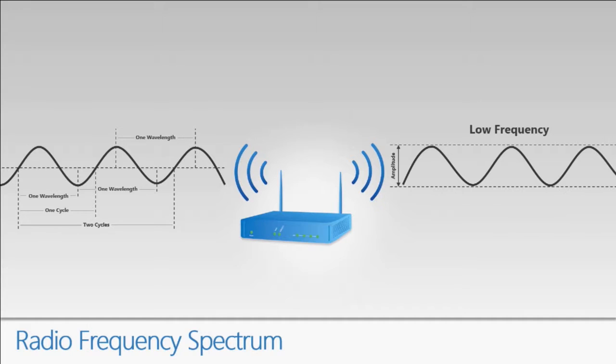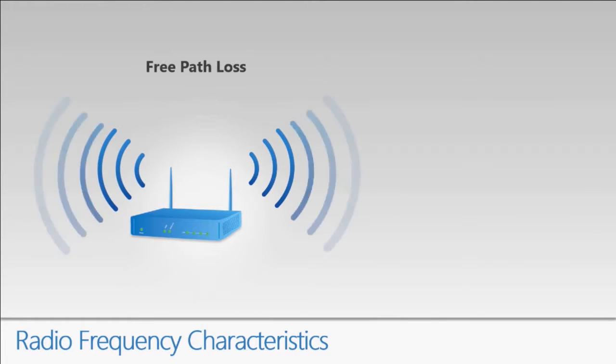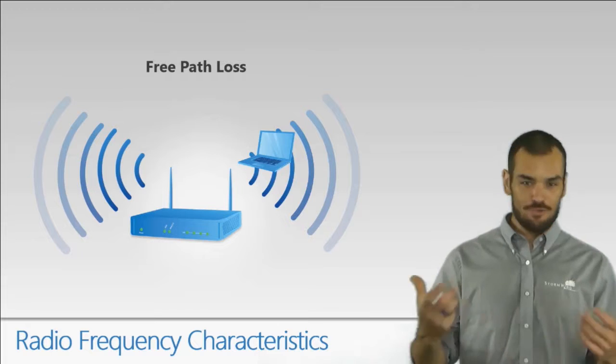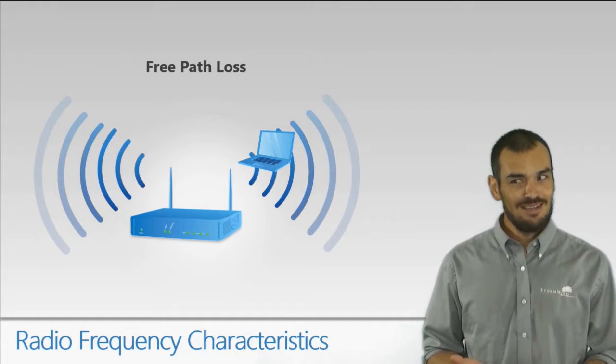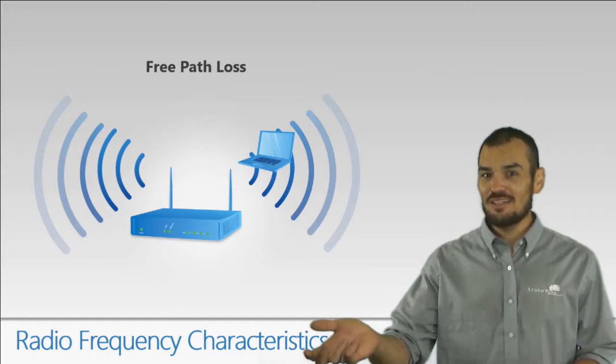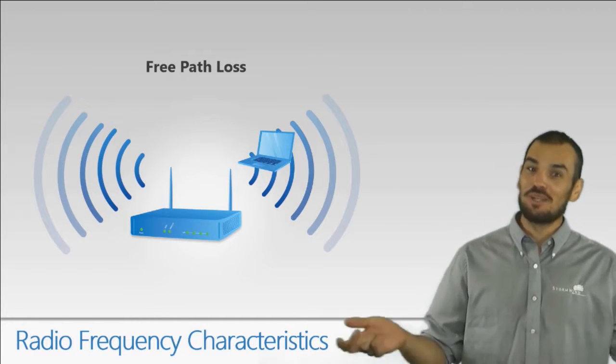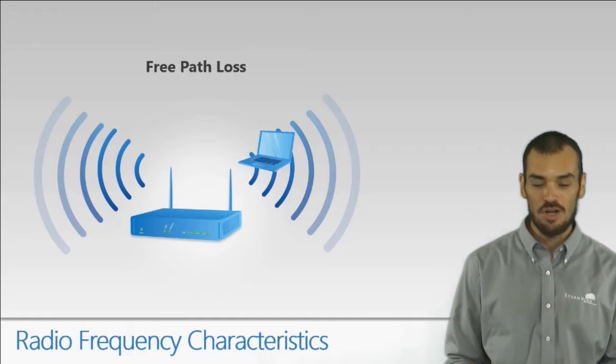Now, when we're looking at some key characteristics of radio signals, I like to use that analogy of running versus walking. If you're walking, you can probably walk for hours on end, miles at a time. However, if you're running, you're going to get there faster, but you're not going to be able to travel as far because eventually you'll tire out because you're working harder.